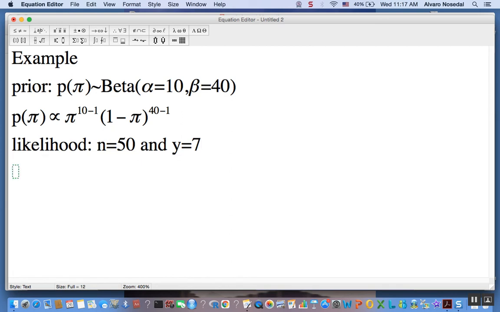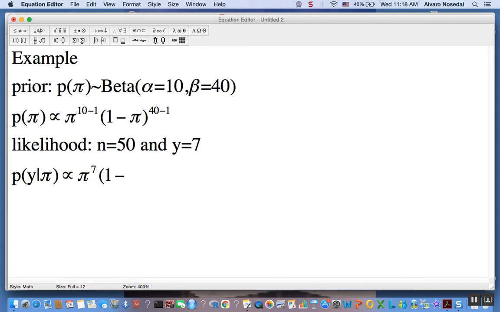Now we're going to be doing something similar with the likelihood. We know that that guy will be the probability of y given pi, and it would be proportional to pi, the number of successes, would be 7, so pi to the power 7.